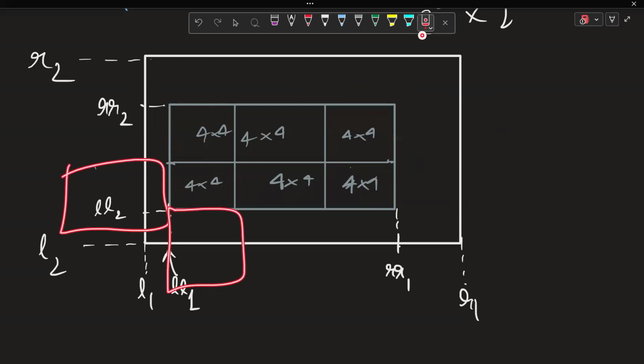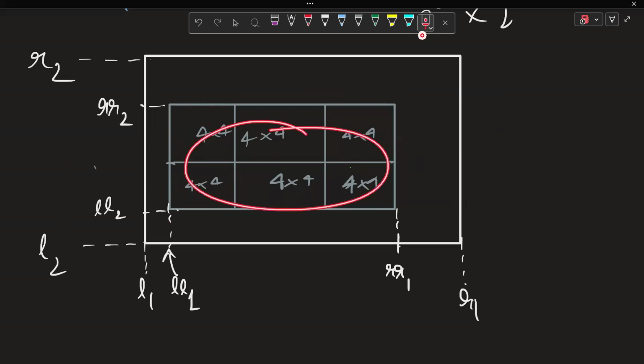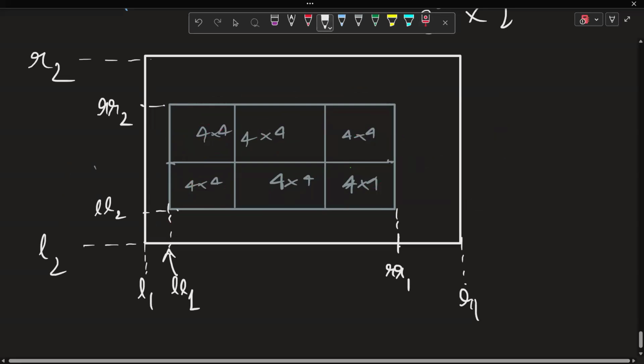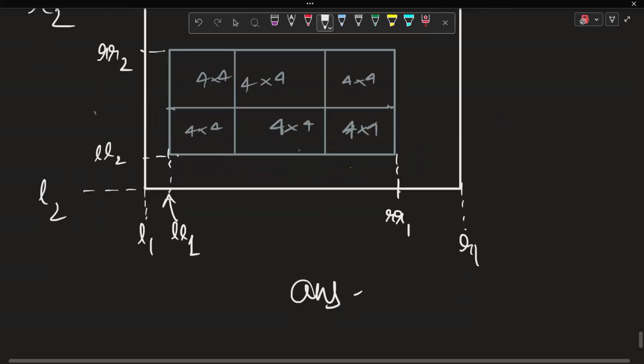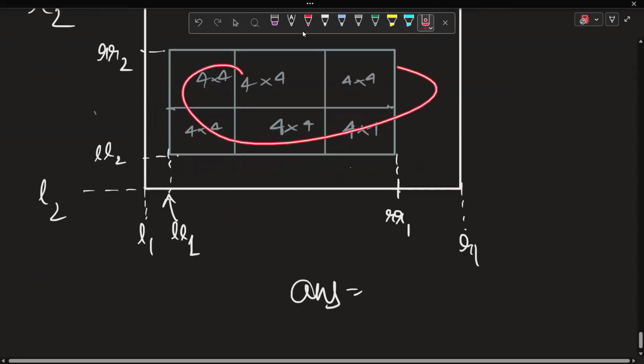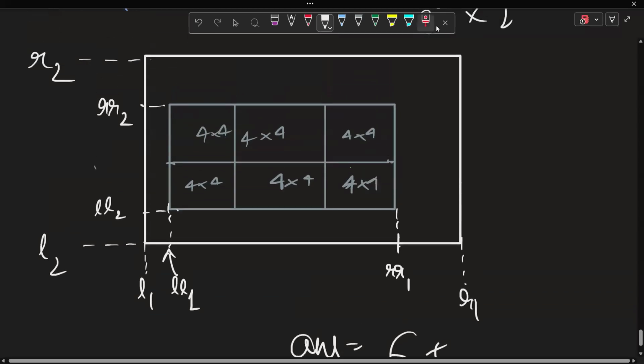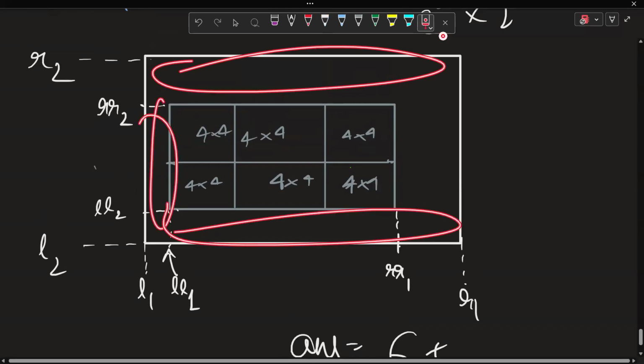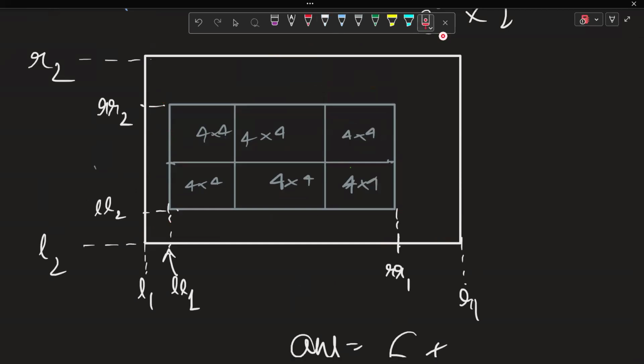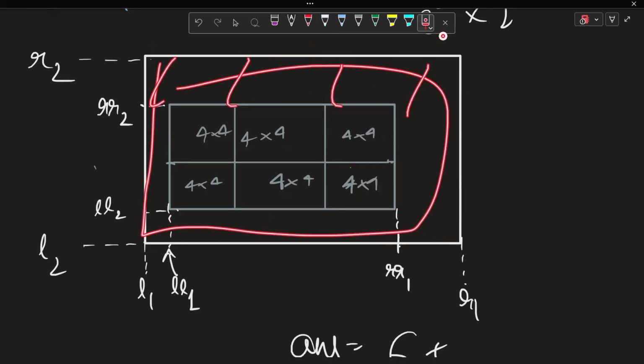Once you have computed this, then you can recursively say that my answer would be 6 4 cross 4 squares, plus for the remaining area you need to recursively call a function. Now your function calculates the answer for a rectangle, but this area is not a rectangle. So first of all, you have to cut it into different rectangles.